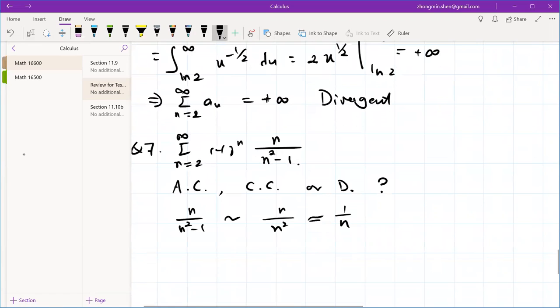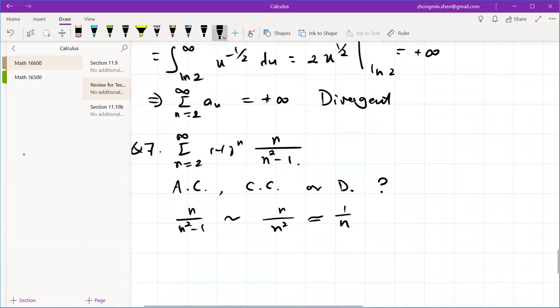So clearly, this is not going to be absolutely convergent, right? This is conditionally convergent, if it's like an alternating series, because there is some sign there. So I begin by proving it's not absolutely convergent, and then that it's convergent. Then I say it's conditionally convergent. So how to prove it's conditionally convergent?